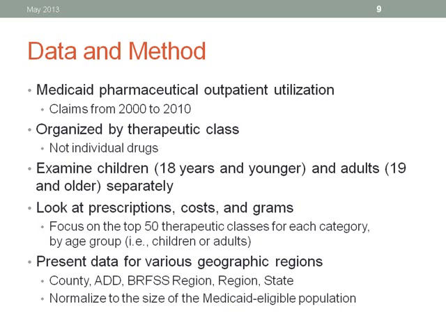Now, again, just to reiterate, the data are presented for various geographic regions. The county level. Kentucky has 15 area development districts, so they're also organized at the ADD level. There are 39 Behavioral Risk Factor Surveillance System regions that have been identified in Kentucky, and so they're also presented at that level.